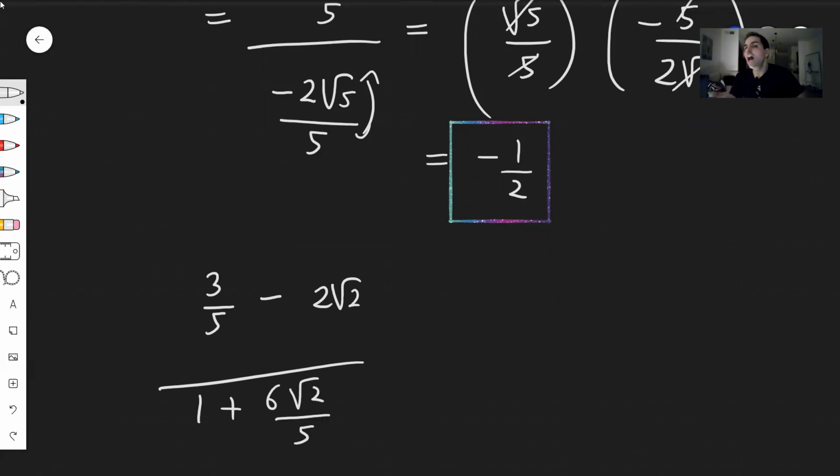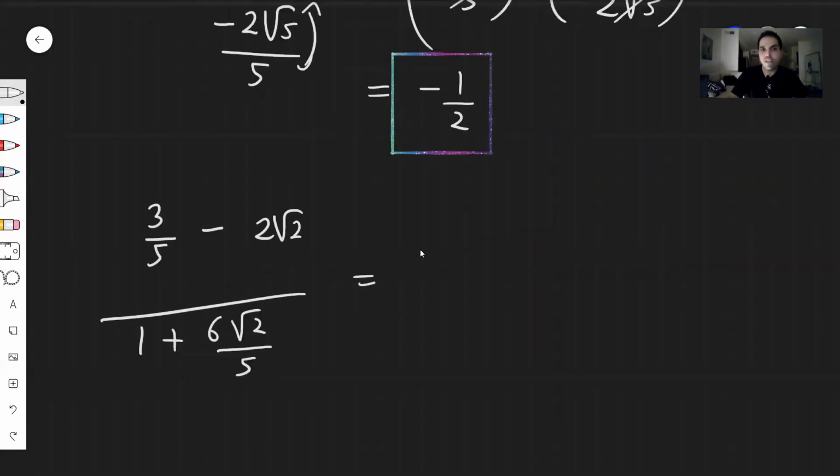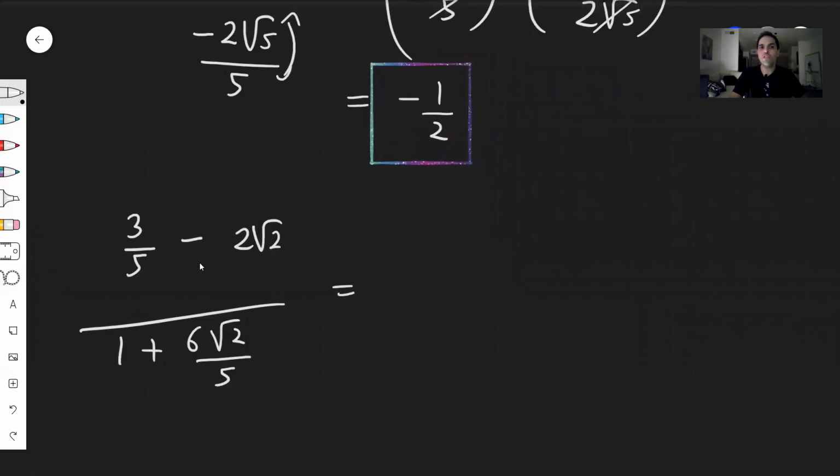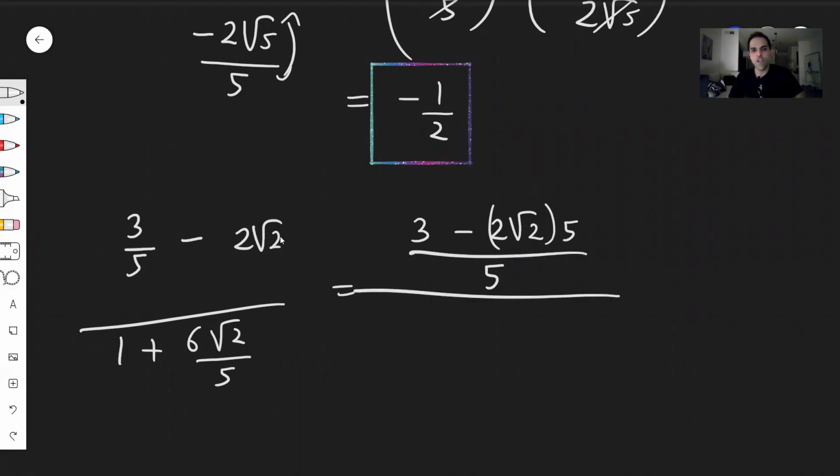And the question is, how would you simplify that? Well, for this, what you should do is, first of all, put everything under a common denominator. So here under 5, so 3 minus 2 square root of 2 times 5 over 5 over, again, 5 plus 6 square root of 2 over 5.